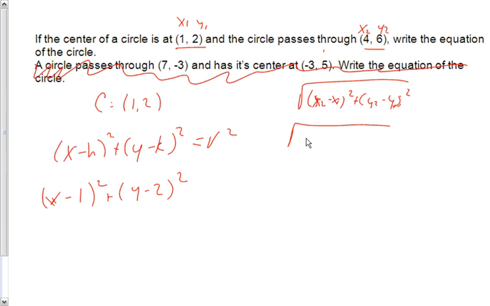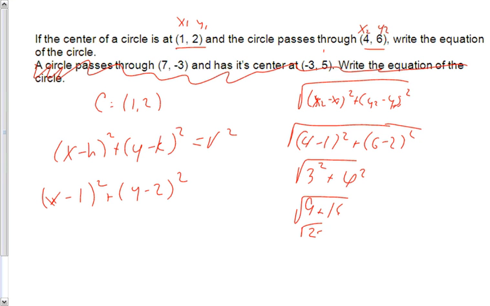The square root of x2, 4 minus 1 squared plus y2, 6 minus 2 squared. No problem. 4 minus 1 is 3 squared plus 4 squared. We get 9 plus 16, square root of 25, which is 5. That's the radius. But remember, it's r squared, so we have to square it, so it's 25.